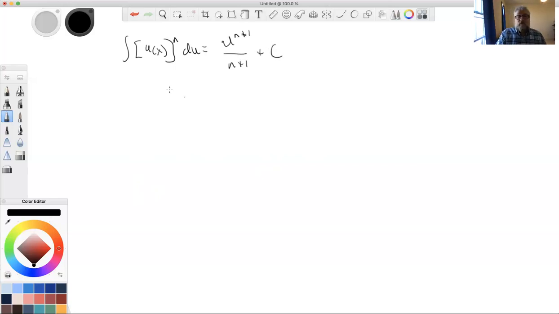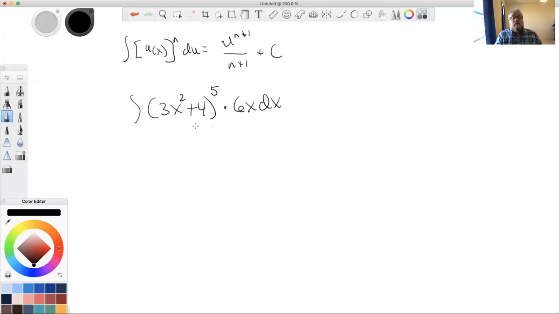And the important thing is knowing what u is. So let's say we have the integral of 3x squared plus 4 to the 5th power times 6x dx.